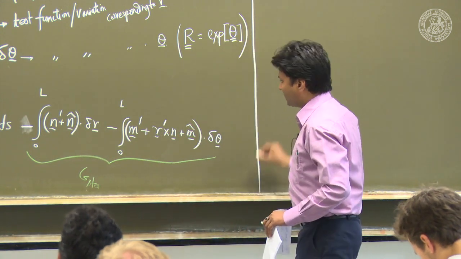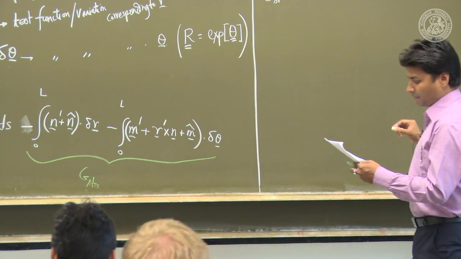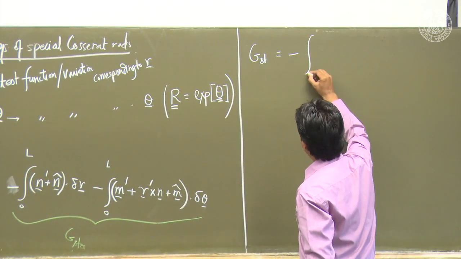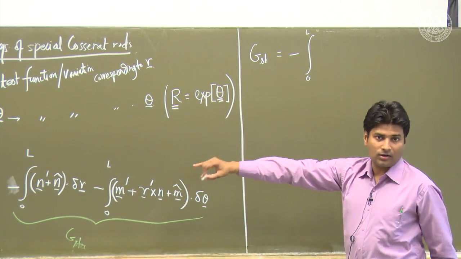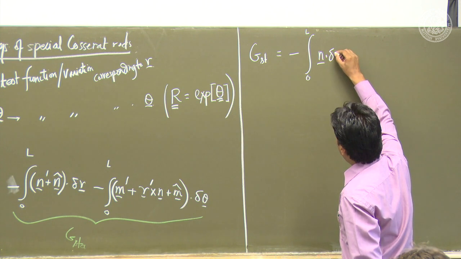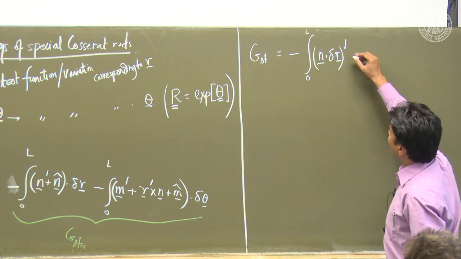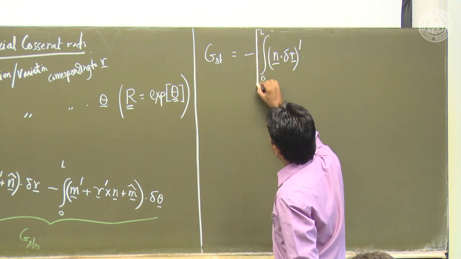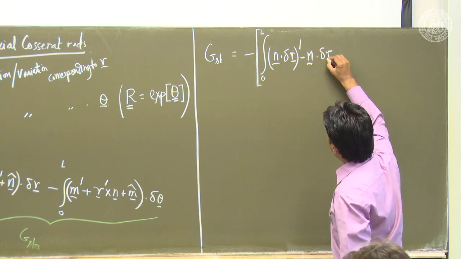So G static is then negative integral 0 to L, n prime dot del r. Can we write that as n dot del r whole prime, and then one minus sign n dot del r prime?